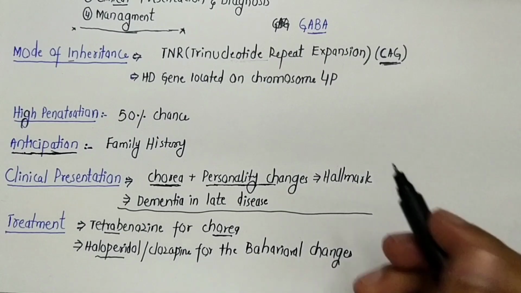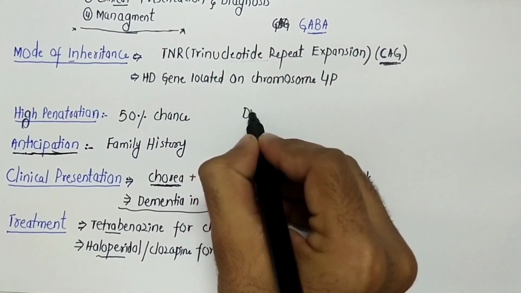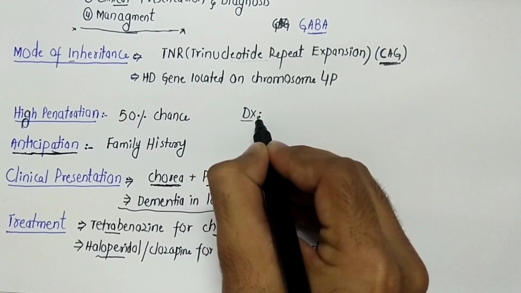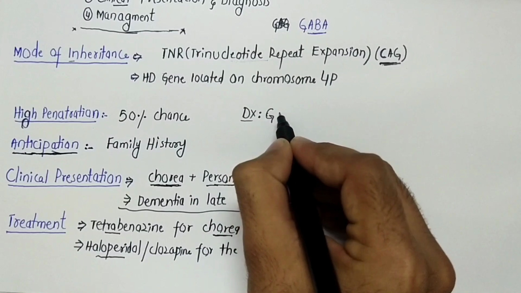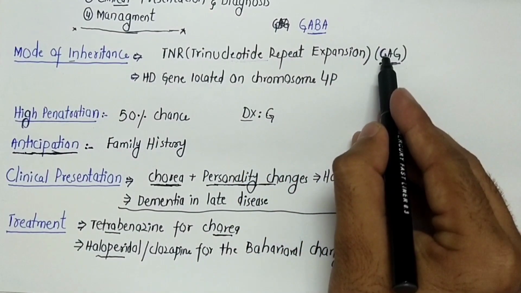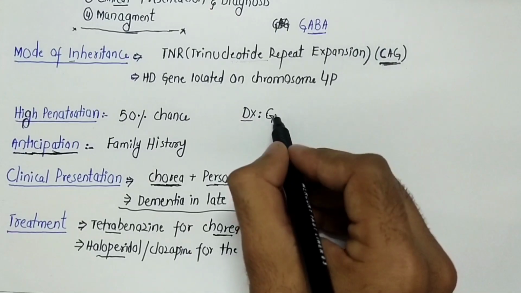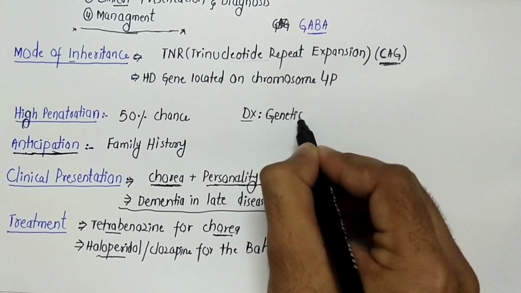The diagnosis of Huntington disease is established by doing genetic testing for the presence of trinucleotide repeat expansion of this CAG trinucleotide. So for establishing the diagnosis, we do genetic testing.